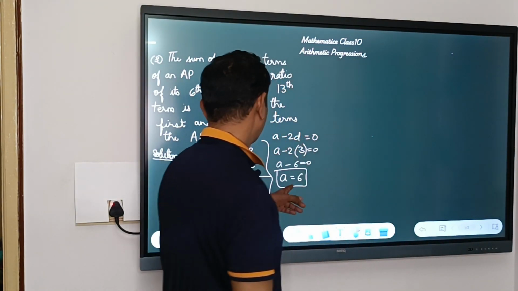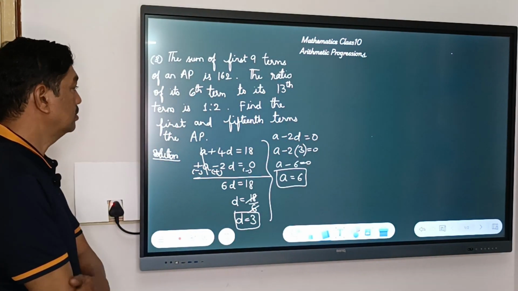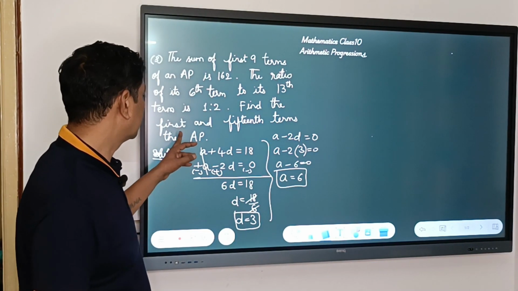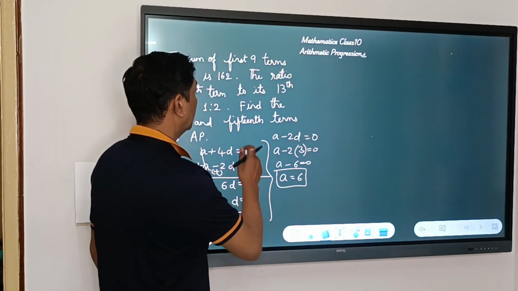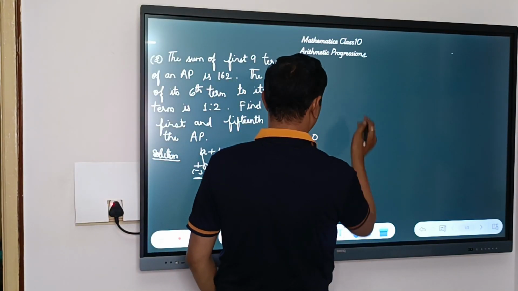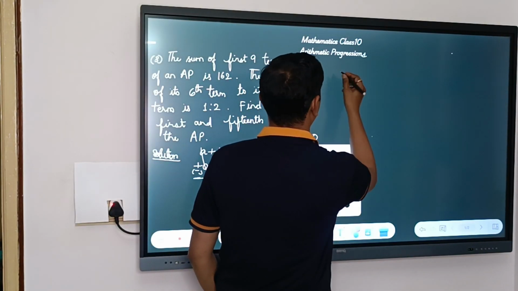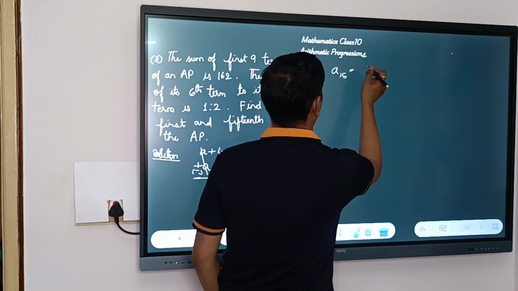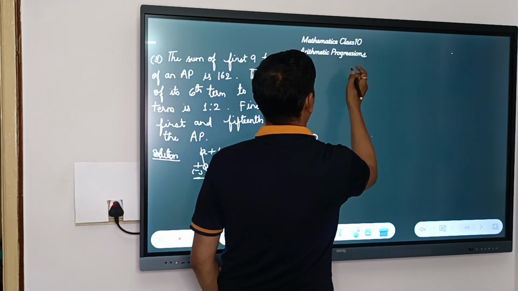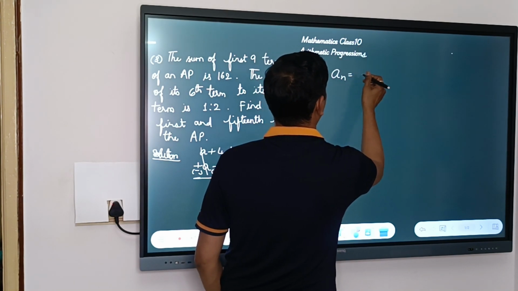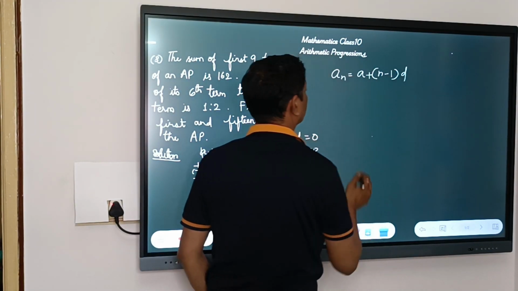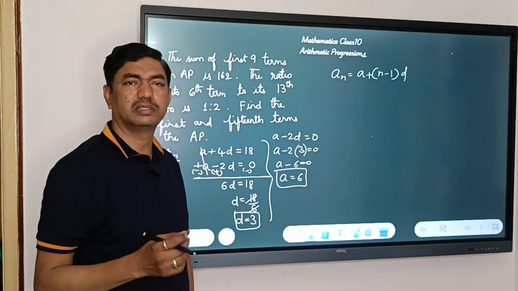So a is equal to 6 and d is equal to 3. What they are asking is the first term, which you got as 6, and the 15th term. What is the 15th term? Before that, you know the nth term is an is equal to a plus n minus 1 into d, where n is the number of terms.